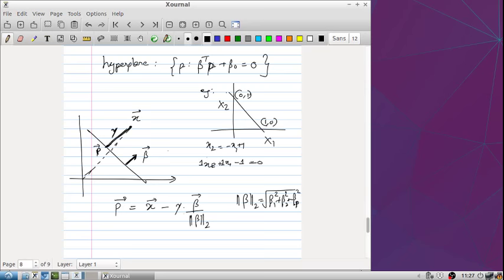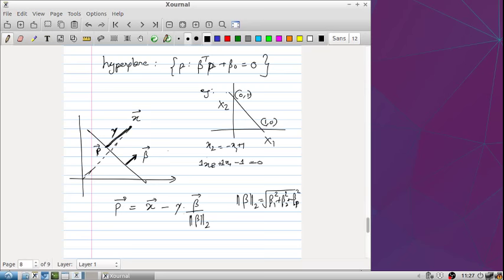Okay, and why is this true? This is basically vector addition. There's a vector p, you could put an arrow here, and you have an x vector, and there's another vector of length gamma whose direction is the same as beta. Beta may not be exactly a unit vector, so I'm dividing beta by its norm.